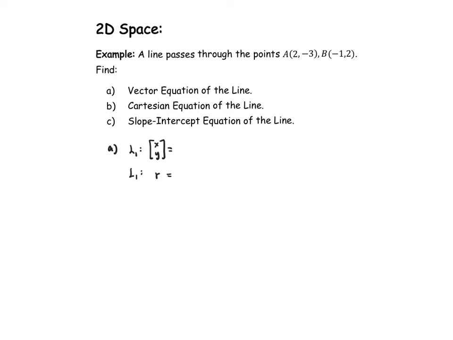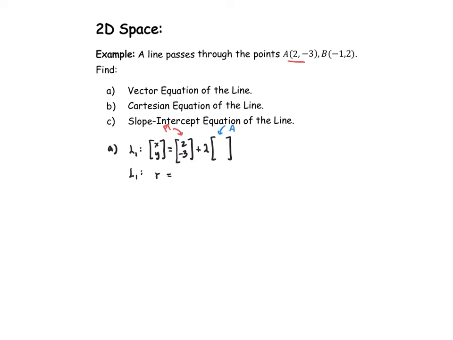But line 1, denoted (x, y), is going to pass through point A and travel lambda steps in the direction of B. So this is our point, as noted before. And we're saying that the vector equation of this line starts at A and heads toward B. So how do I find this direction vector?